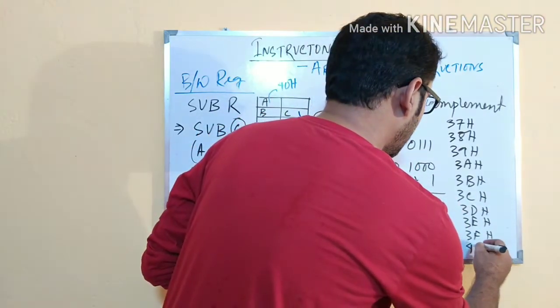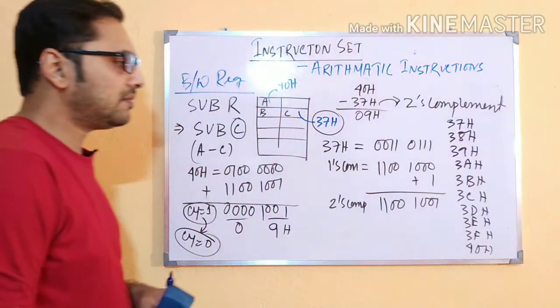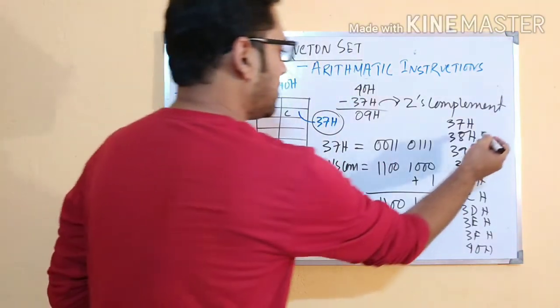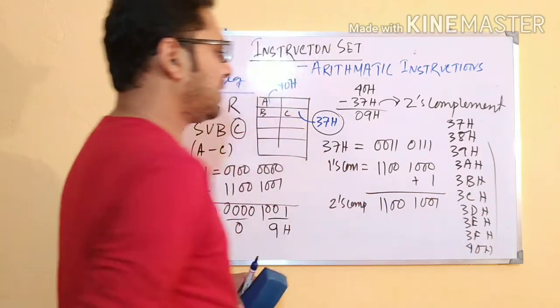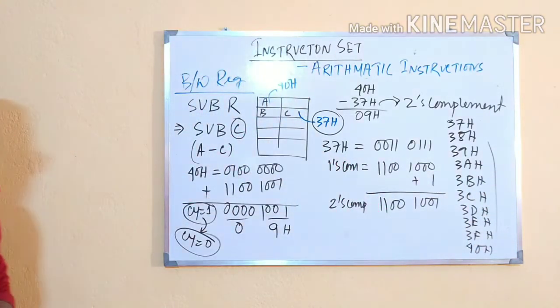After that I will get 40 hex. So you can count how many numbers there are. 1 2 3 4 5 6 7 8 9. So that is why the result is 09.